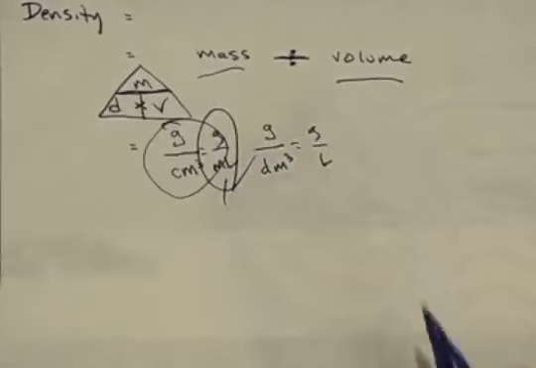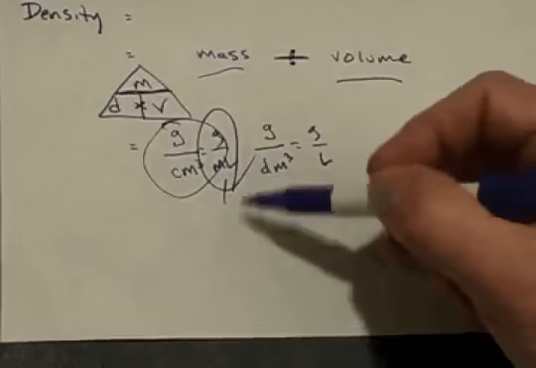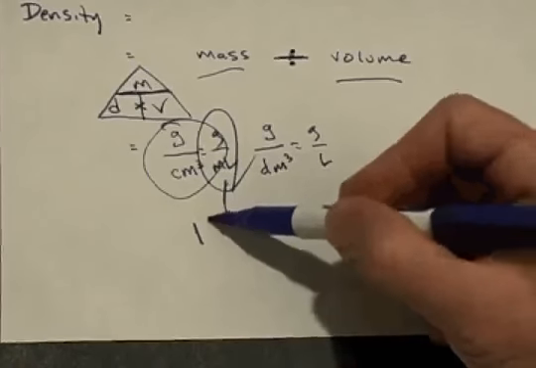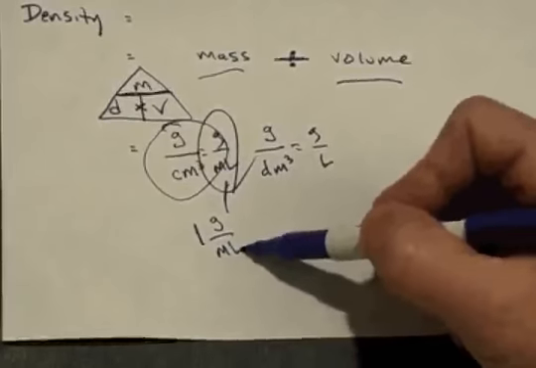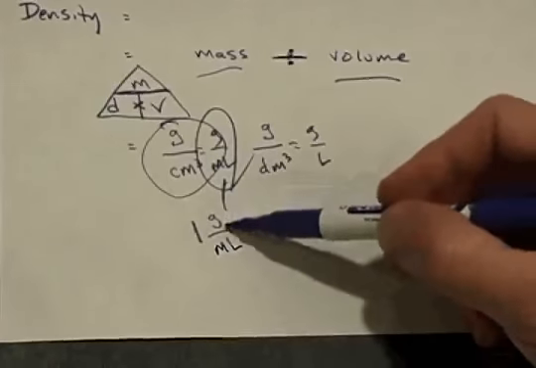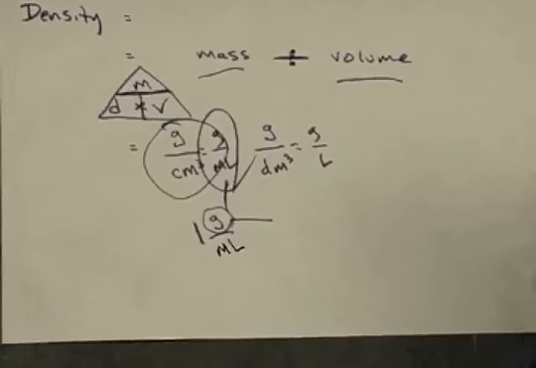As I alluded to before, the density of pure water at approximately room temperature is 1 gram per milliliter, and that's why you can say that 1 milliliter of water is the same as 1 gram of water.